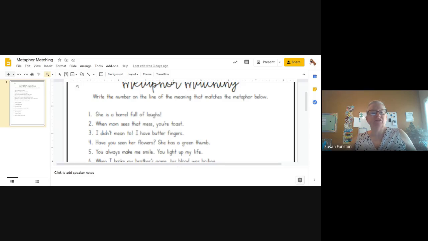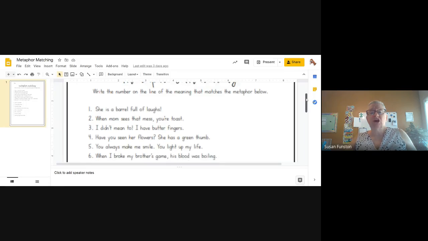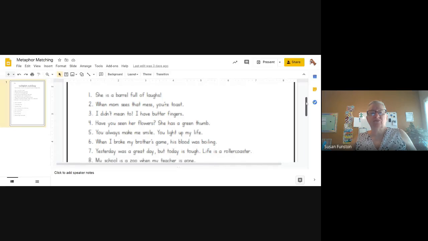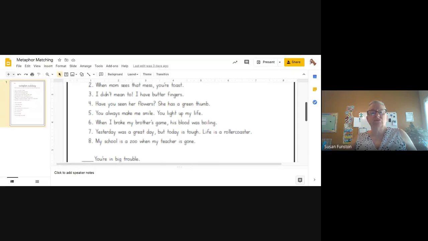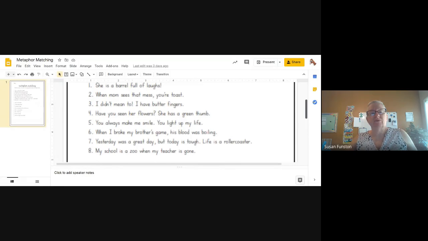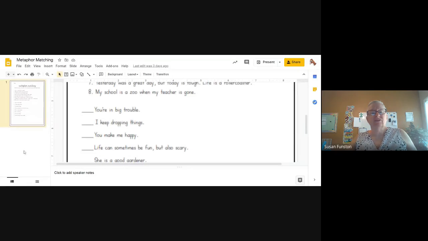Does that mean you're in big trouble? Doesn't sound like it. When mom sees that mess, you're toast. Oh, so if you're toast, does that mean you're in trouble? I think it does. And that makes sense that you would be in trouble when mom sees the mess. So here we're going to type in the number 2.